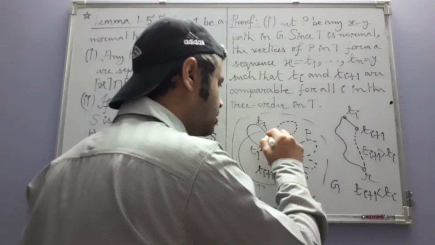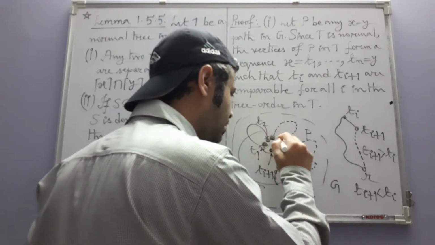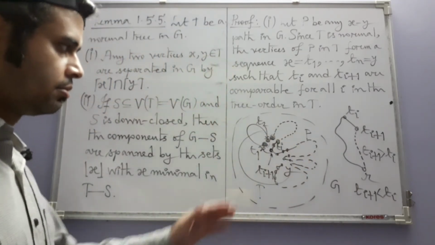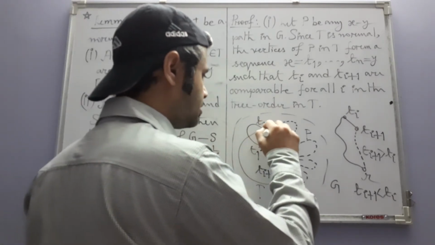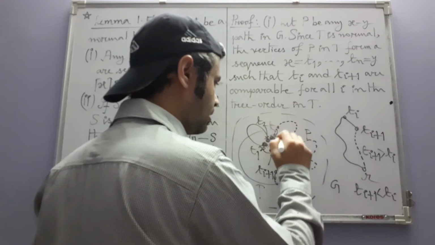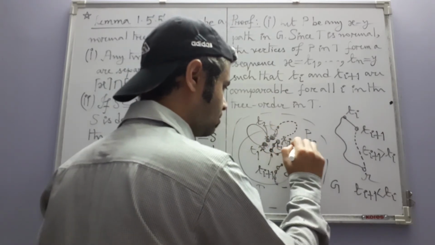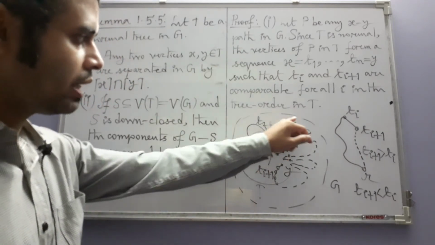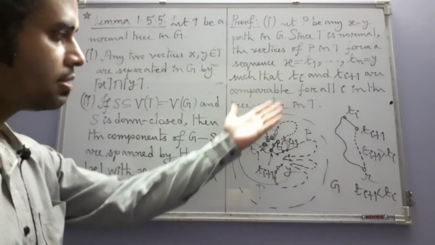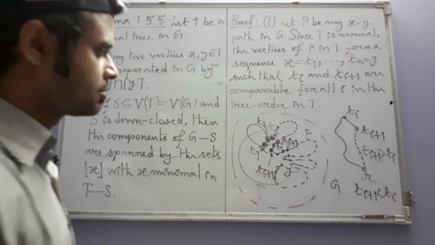But when you come to these points of exit and entry from T and into T, so this is some Tj and the next one is Tj plus 1, which in the actual path P are quite far away, but in this sequence they are consecutive, of course.